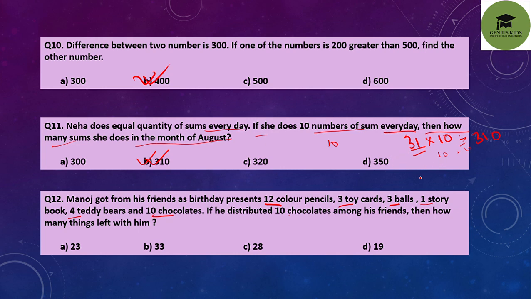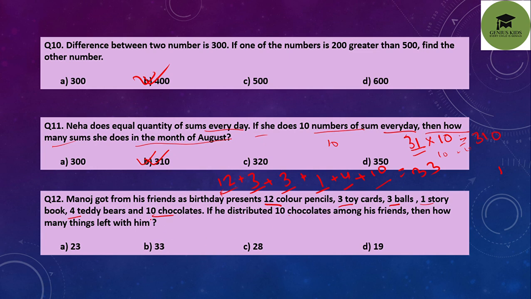So how many birthday presents did he get? 12 plus 3 toy plus 3 ball plus 1 storybook plus 4 teddy bears plus 10 chocolates. What is the summation of this? 12 plus 3 is 15, plus 3 is 18, plus 1 is 19, plus 4 is 23, and 10 is 33.